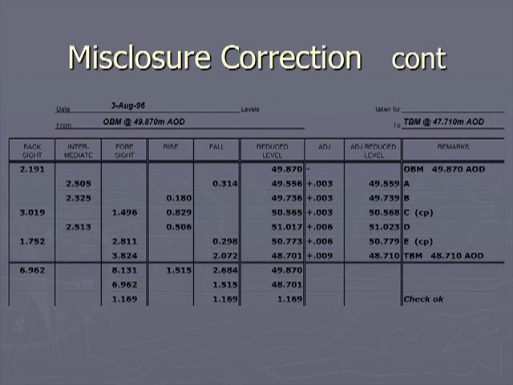So finally it gets the full 9 millimeters, and when we adjust the last reduced level here, we get 48.710, which is basically what the benchmark should have been. So all our measurements are adjusted, and we can proceed to use these adjusted reduced levels in any other calculations. Okay, so I hope this makes some sense, and good luck with your exam.